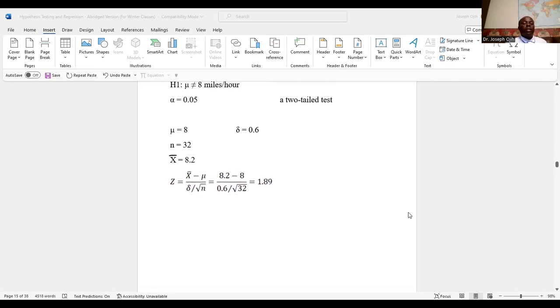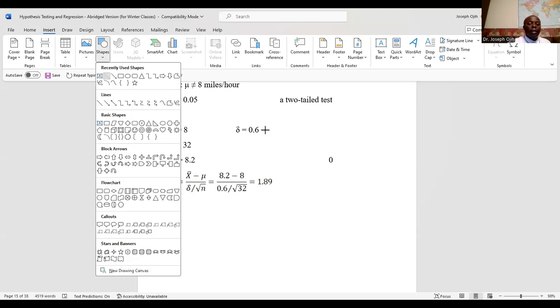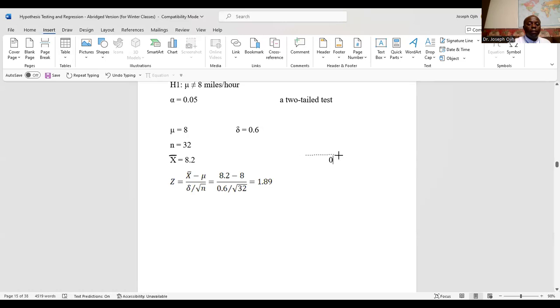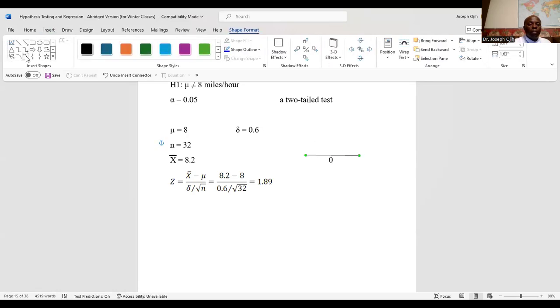So you have two sides. Let me show you. When I say two-tailed test, you already know how it's going to look. We have our line here, then we have our bell curve, and the center line.